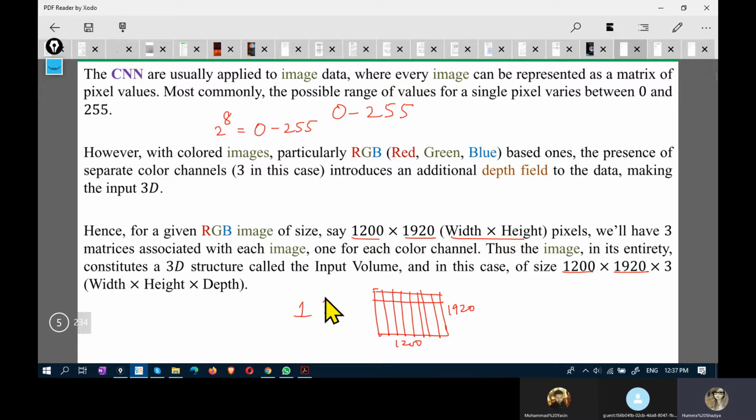Why 3? Because every color is formed by combining various portions of red, green and blue. You combine red, green and blue quantities to get different colors like yellow, pink and purple and various other colors.